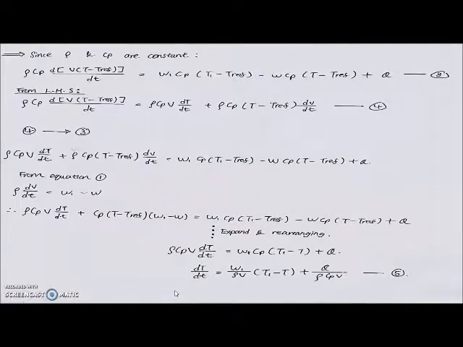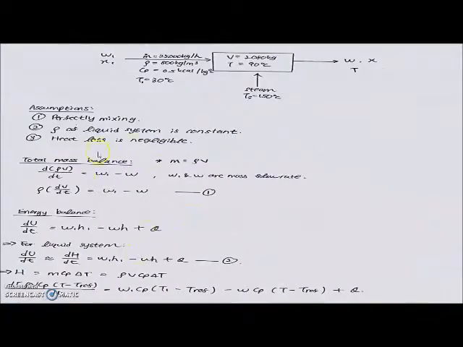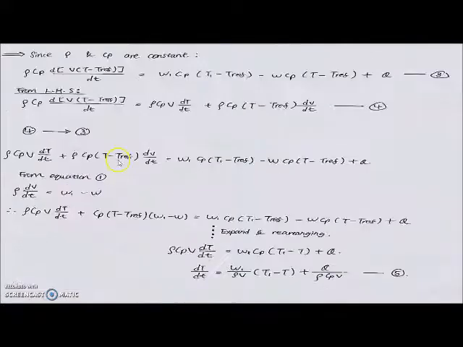Alright, so the next step is, I know that the density, rho, and Cp are always constant in this system. So same as I did for the mass balance, I move out the density and the Cp, and here I get this equation, equation 3. If you notice the left hand side of the equation, I can use the product rule to expand it.